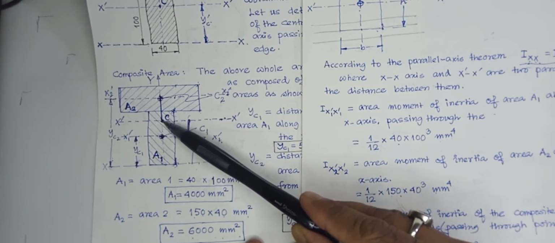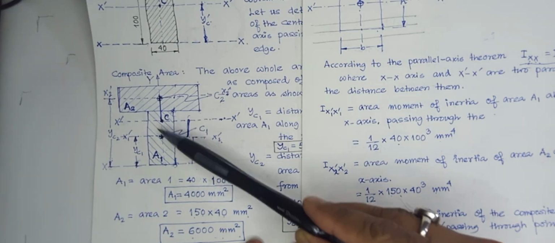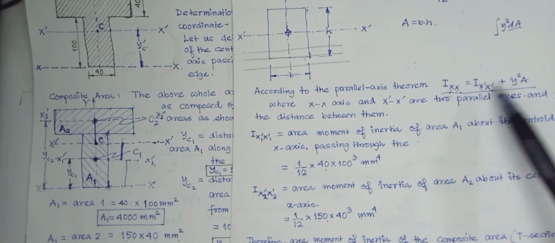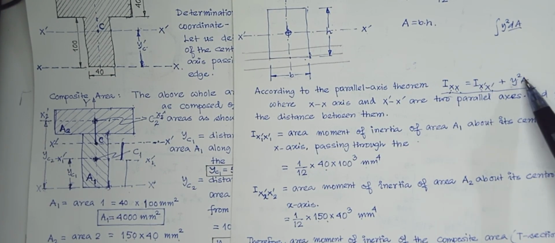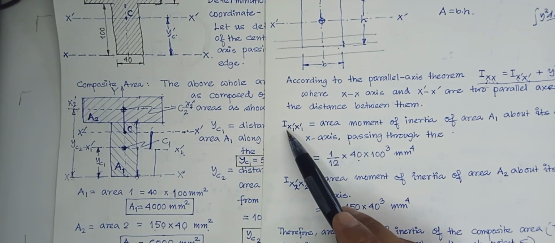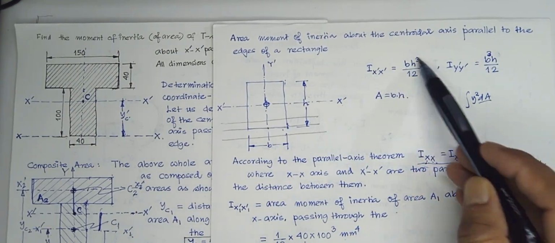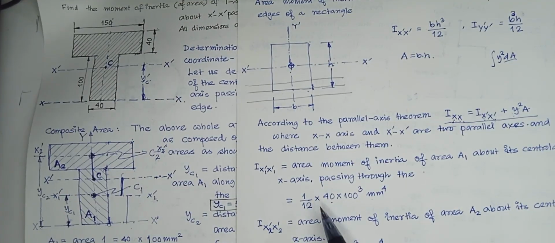I want to calculate for this point, so I will transfer using this formula. Here x1 prime is known, because that is the moment of inertia about the central axis, so I will calculate it first.